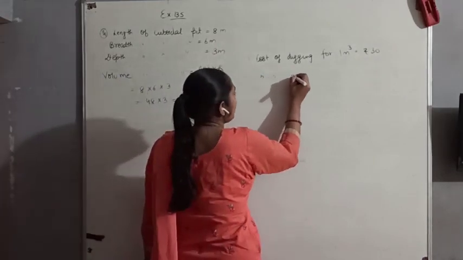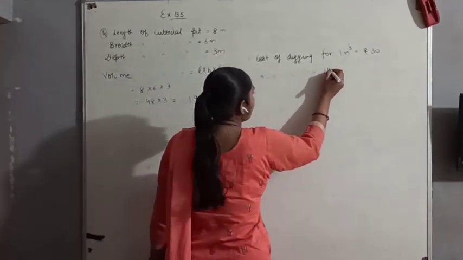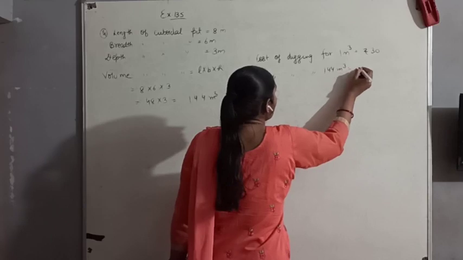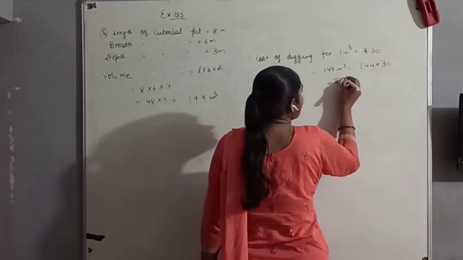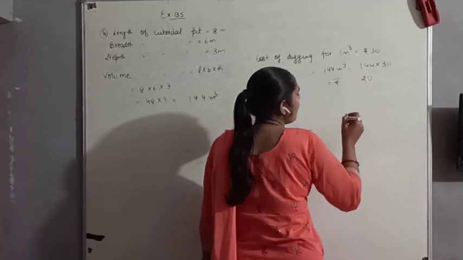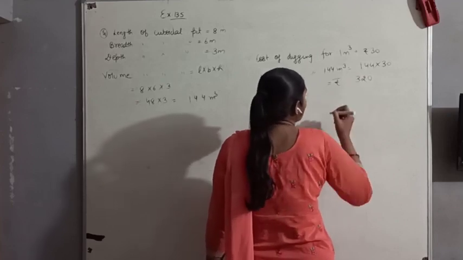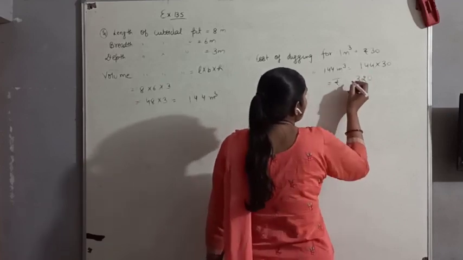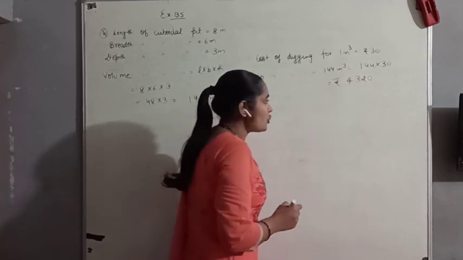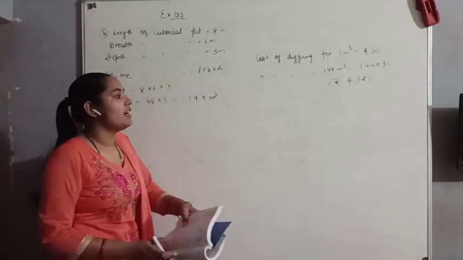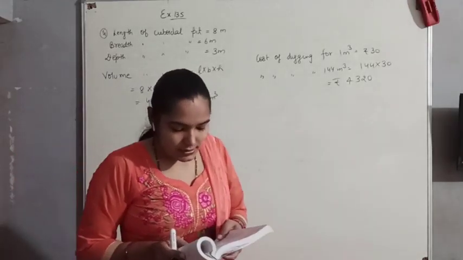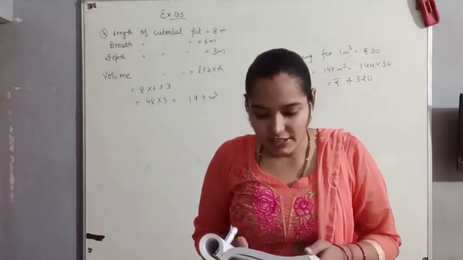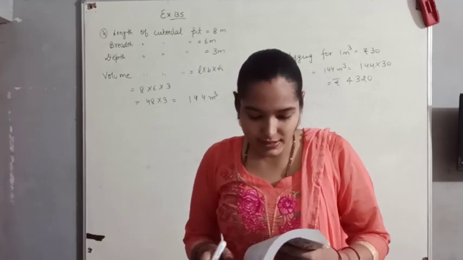So cost of digging for 144 cubic meter will be 144 multiplied with 30. 3 4s are 12, 3 4s are 12 plus 1, 13, 3 1s are 3 plus 1, 4. So cost will be 4,320 rupees.